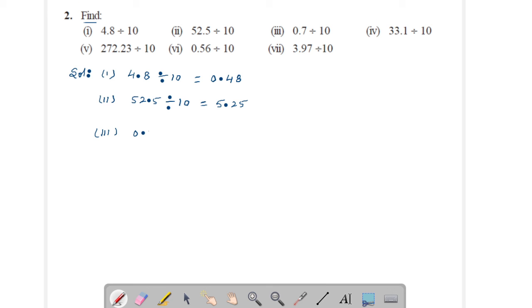0.7 divided by 10. In 10 there is 1 zero, therefore the decimal will shift towards left hand side one digit. It can be written as 0.07. Then come to fourth part.